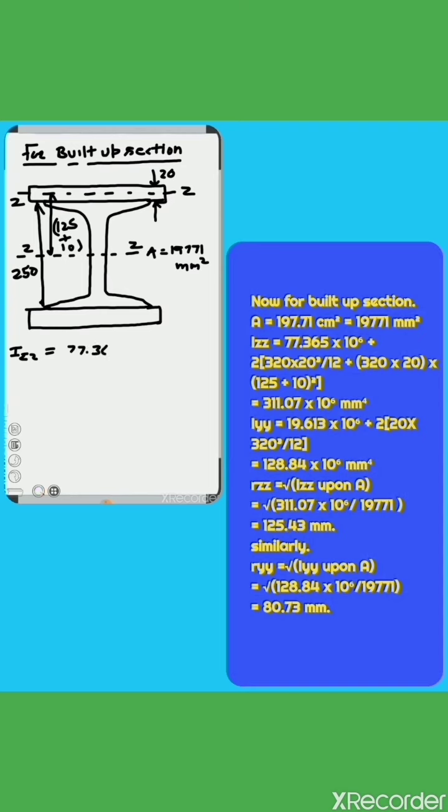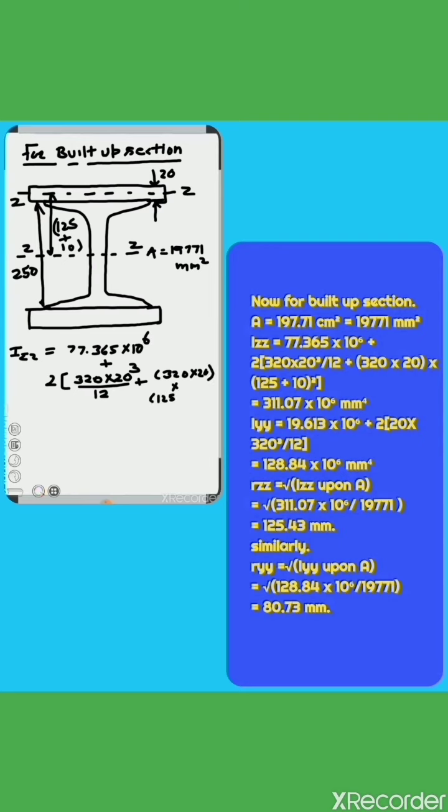IYY equals 19.613 into 10 to the power of 6 plus 2 times 20 into 320 cubed upon 12 equals 128.84 into 10 to the power of 6 mm to the power of 4.